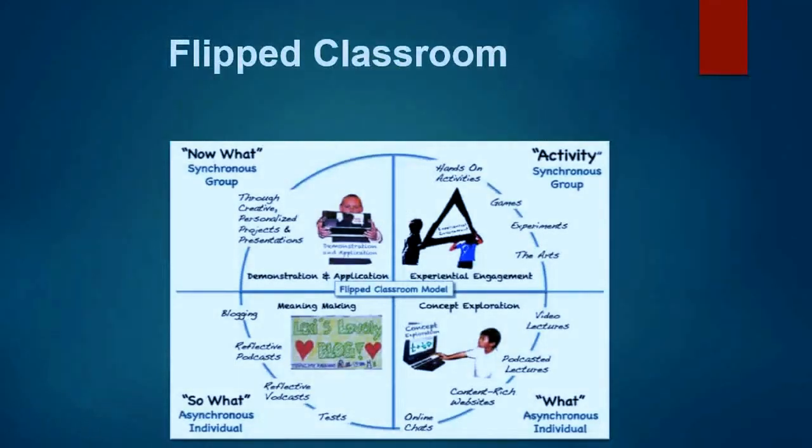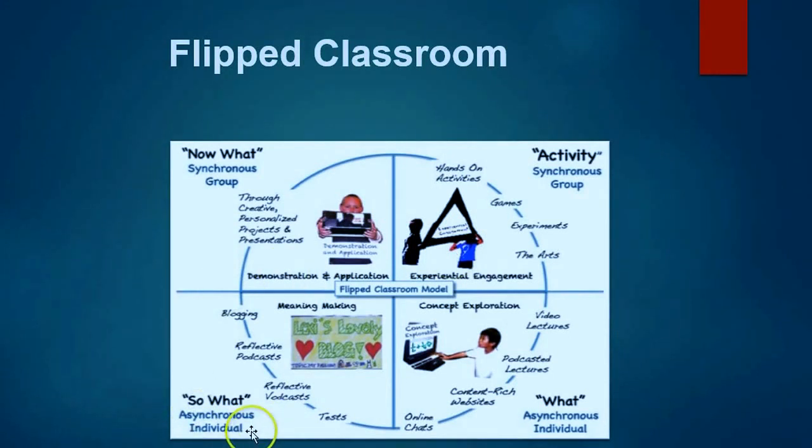This is a very nice picture of the flipped classroom, but it's not very good quality. I'm sorry about that. Now what? Synchronous group activity: games, arts, hands-on activities, experiments. And so what?